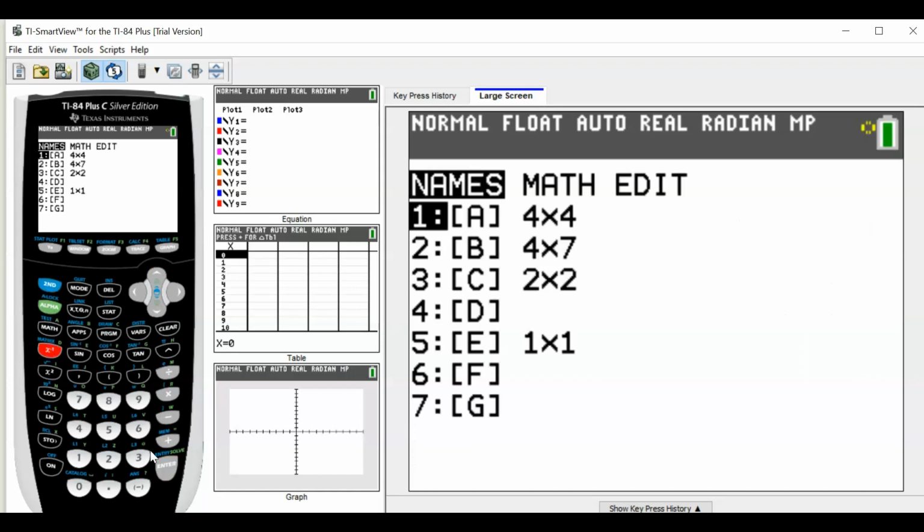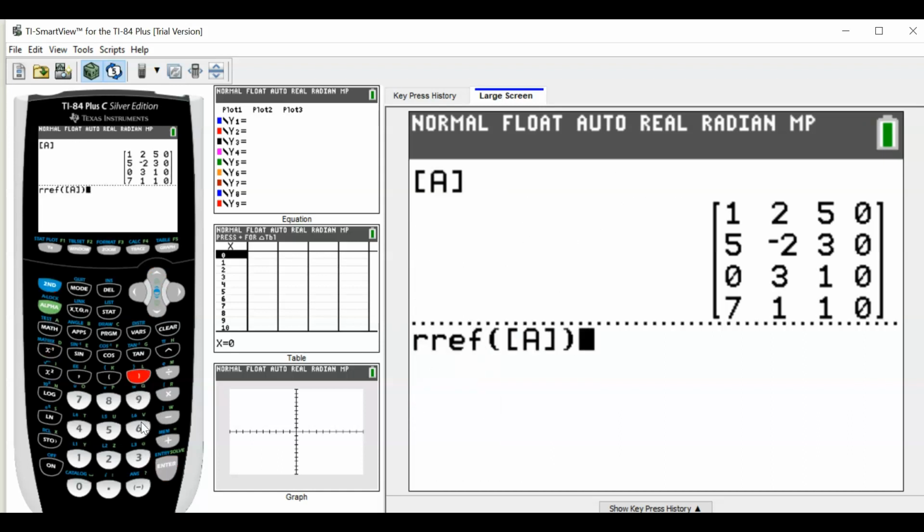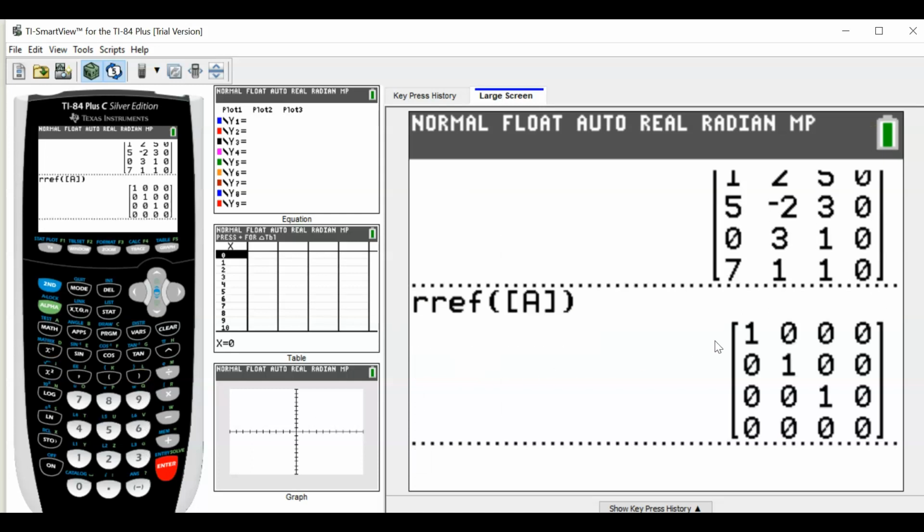So go ahead and row reduce matrix A. And notice that you get 3 pivot columns. And remember, this dummy column doesn't count. This dummy column is basically just there so our calculator doesn't give us an error. So we pretend that this dummy column doesn't count.